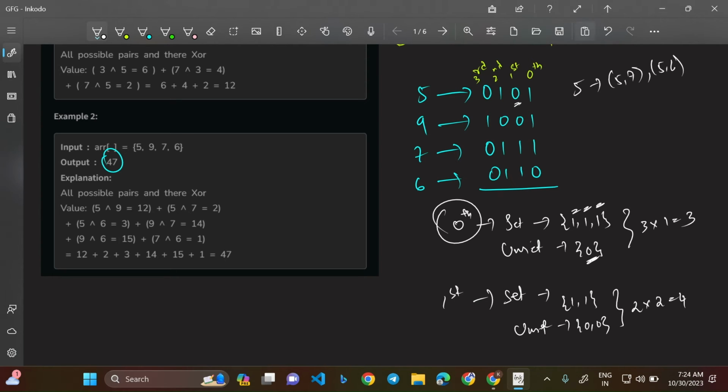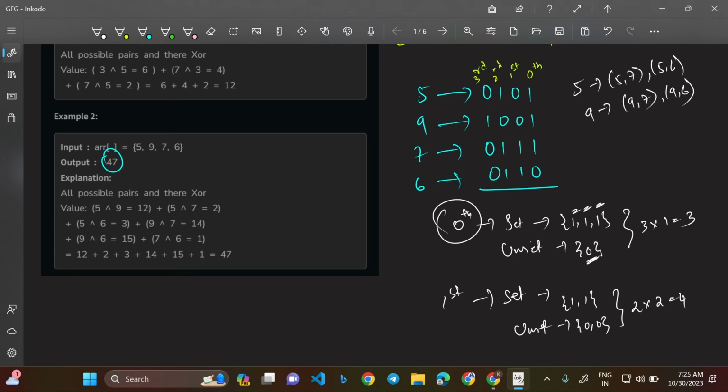Now coming to 9, what are all the pairs that are possible? 9 and 7 could be there because 9 and 7 have opposite bits, 0 and 1, at first column. 9 XOR 6 will also give me a result, the reason being both of them are different bits, 0 and 1. Now we are done with 9.